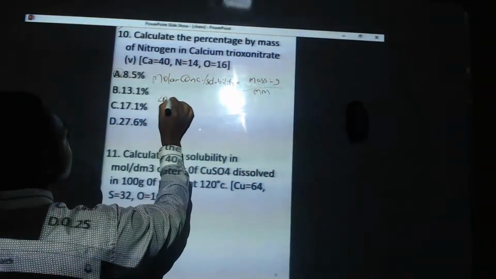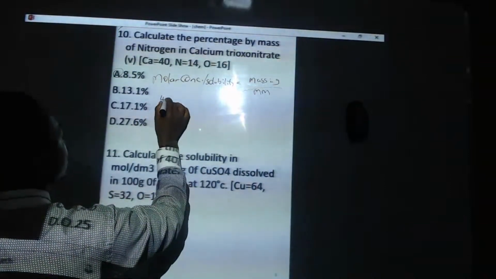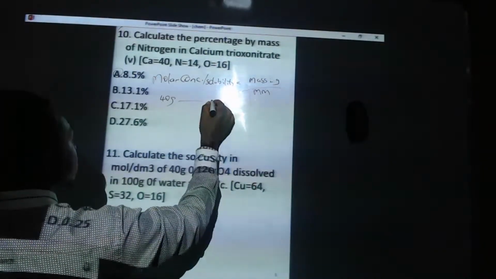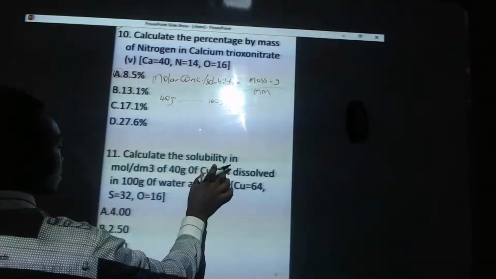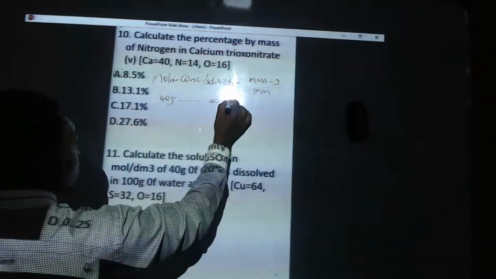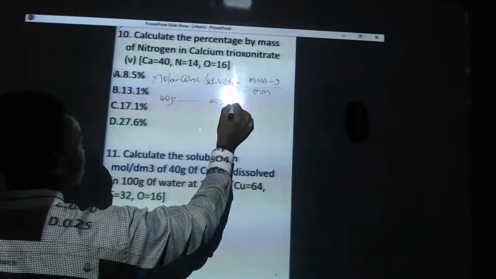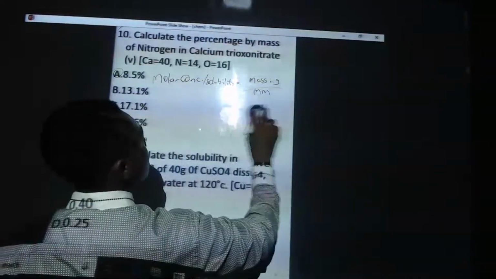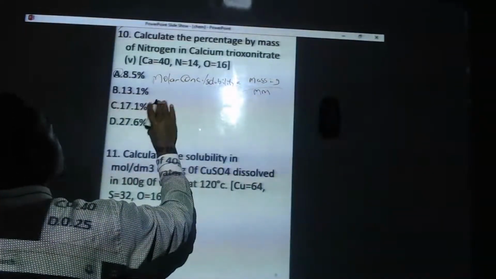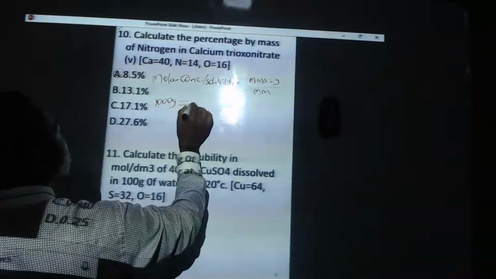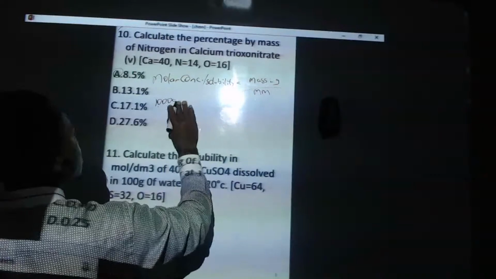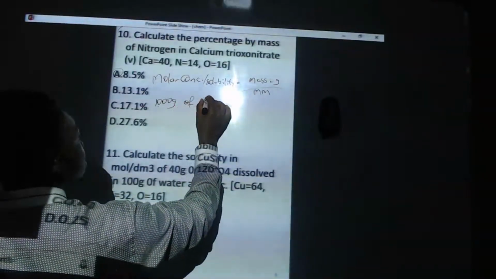So 40 grams of this is dissolved in 100 grams of water, so we have just 100 grams of water as constant.